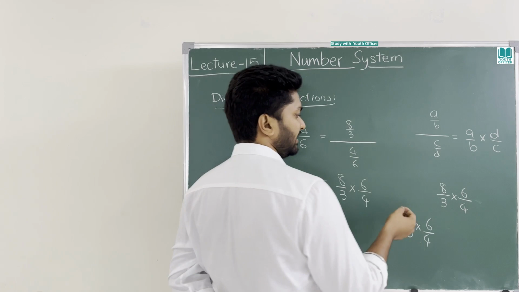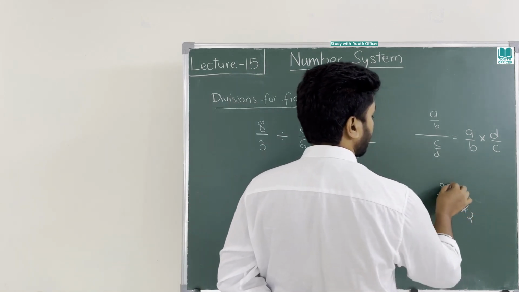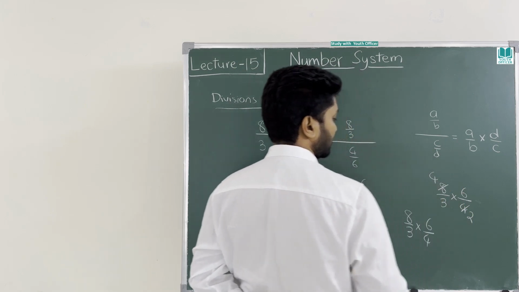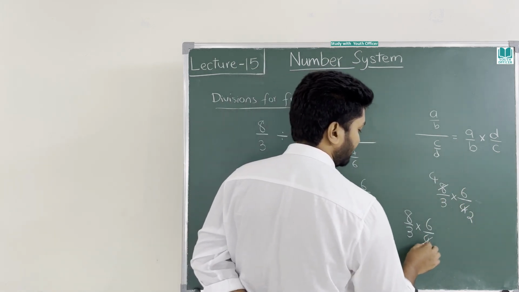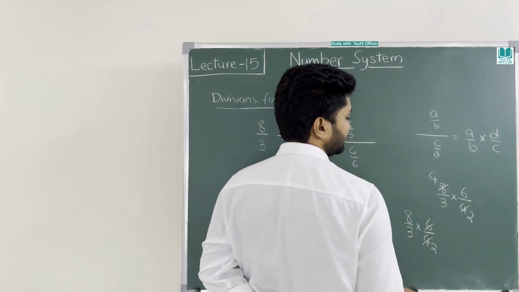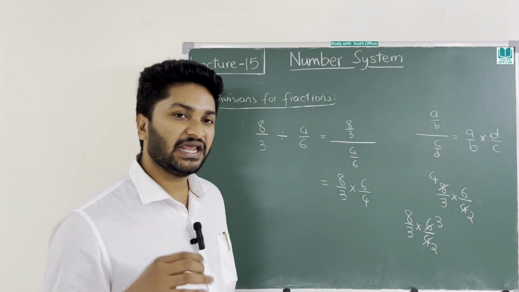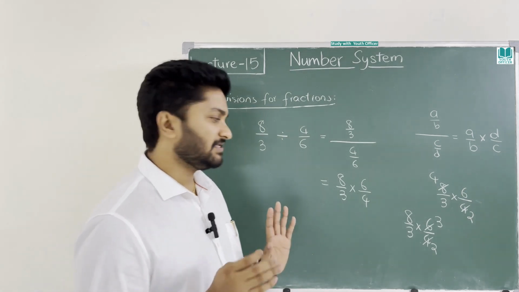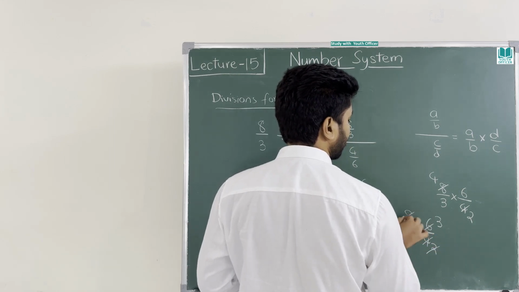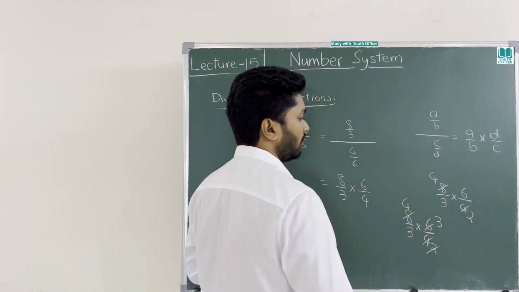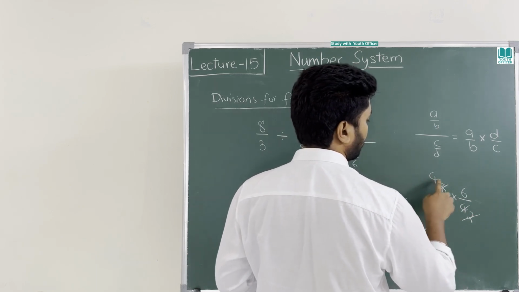You can cancel here second table how many times? 2 times. Here 4 times. Or you can start cancelling second table 2 times here and in 6 3 times. You can start anywhere, answer will become the same. After this second table you can cancel this here 4 times, or after this step you can cancel the second table here or here.